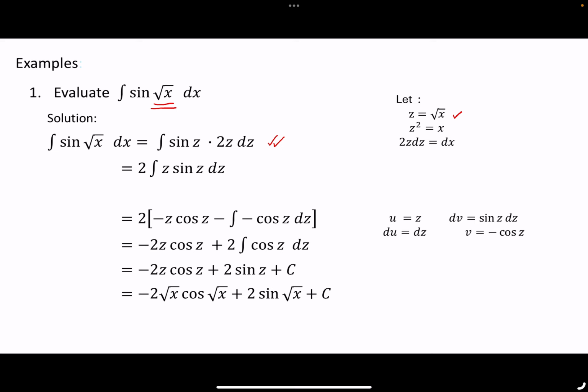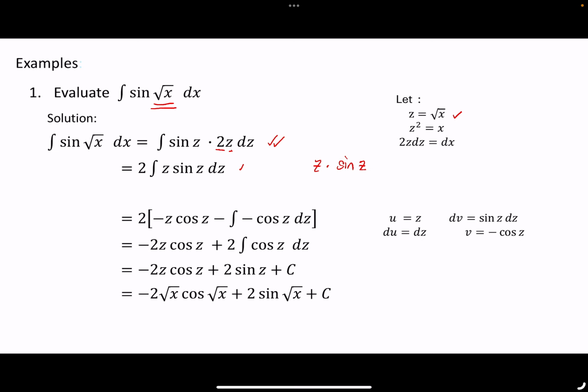So we have 2 and then z sine z dz. This is an indicated product of two expressions, z and sine z. So if there is an indicated product of two expressions, we can use integration by parts.